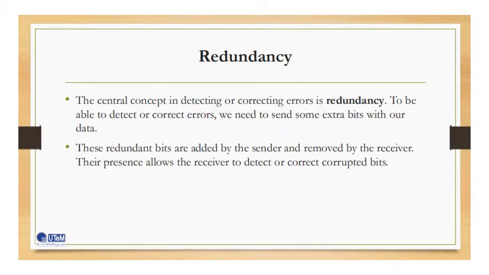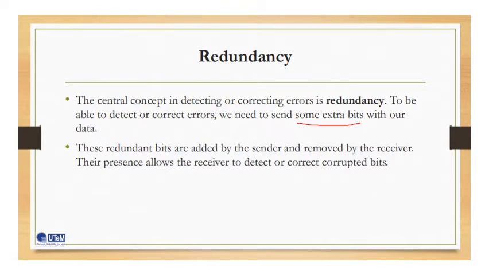Redundancy. Okay, so the central concept in detecting or correcting error is called redundancy. We use the redundancy concept for error detection and correction. To be able to detect or correct error, we need to send some extra bits. So in the concept of redundancy, we introduce some extra bits.